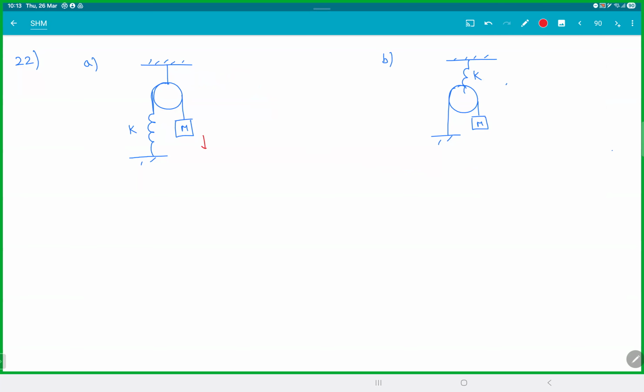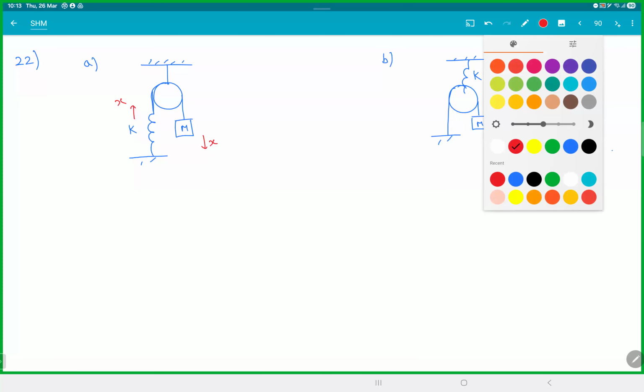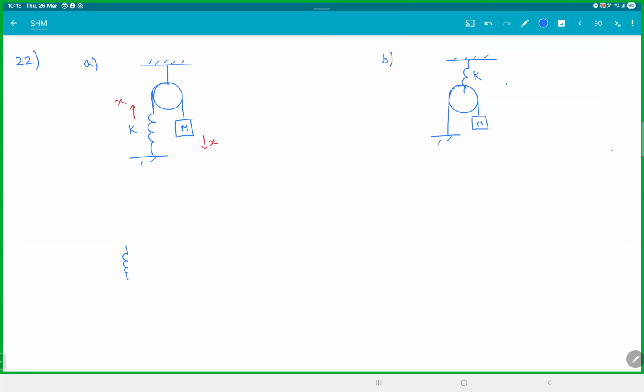Pull the block by X. Then the spring also will stretch by X. So this point will be tension. This point will be Kx. Remember, all these are changes in forces. So this is change in tension.